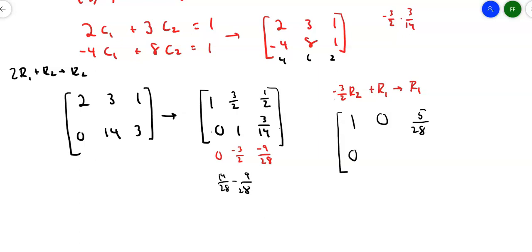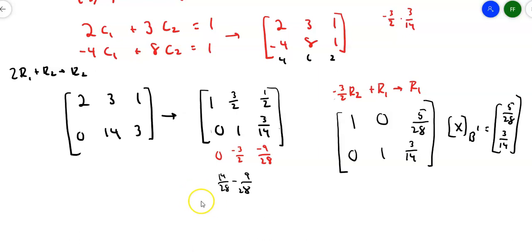Down the bottom, I get 0, 1, and 3/14. All right, so those numbers down the bottom on the right-hand side, that 5/28 and that 3/14, that's the coordinate matrix of x relative to B prime. So the coordinate matrix of x relative to that new basis is 5/28 and 3/14.